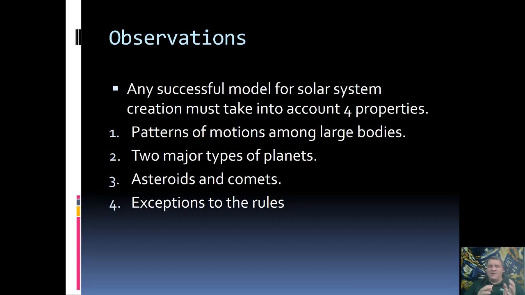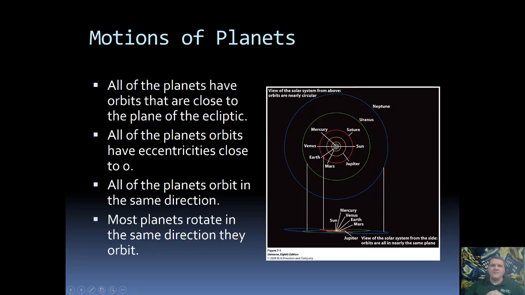We'll get more into it in a little bit, but there are terrestrial and Jovian planets. Third, we have to be able to explain where asteroids and comets come from. We see that they're all throughout the solar system, so how did they get there? And then fourth, we need to be able to explain any exceptions to the general patterns, particularly the patterns of motions. Okay, so we need to be able to make room for some exceptions.